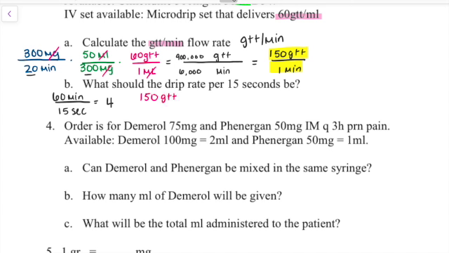We already know how much it would be per minute, so we're going to divide by the 4 15-second increments. So 150 divided by 4 is 37.5 drops per 15 seconds. And then we'll round up to 38 drops per 15 seconds.